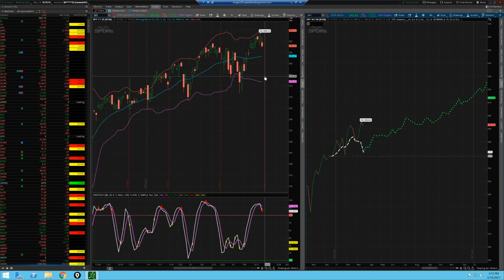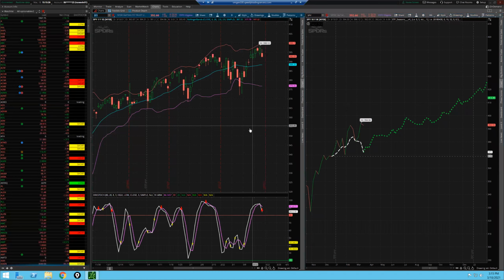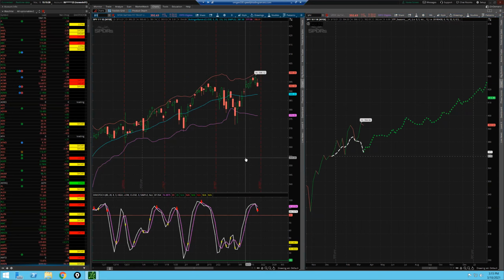But more importantly, if it comes back, then I get a new trigger long, that's the higher probability trade, okay? And that's what I look for, the higher probability trades, okay? That's very important, okay?